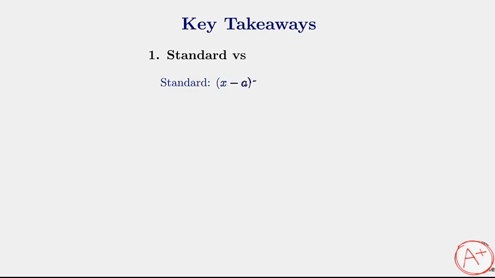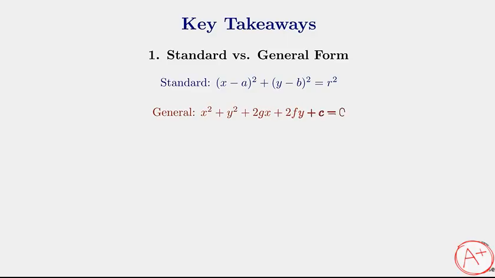To wrap up our lesson on algebraic methods for circles, here are the essential points to remember for your exam. First, the standard form, (x - a)² + (y - b)² = r², is your best friend for identifying the center (a, b) and radius r. Use completing the square to convert from the general form x² + y² + 2gx + 2fy + c = 0.